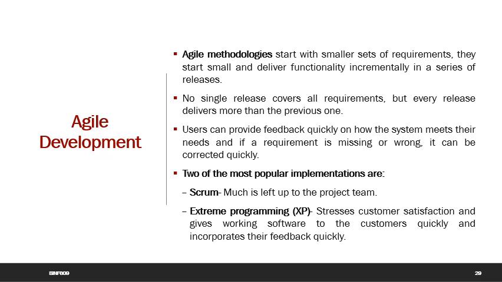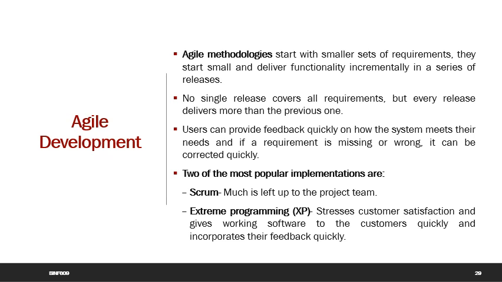So by developing smaller portions of the ERP system and releasing them to users, the users will be able to provide feedback quickly on how the system meets their needs. This also means that if a requirement is missing or wrong, it can be corrected quickly.